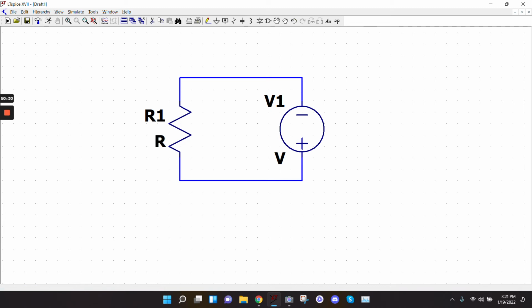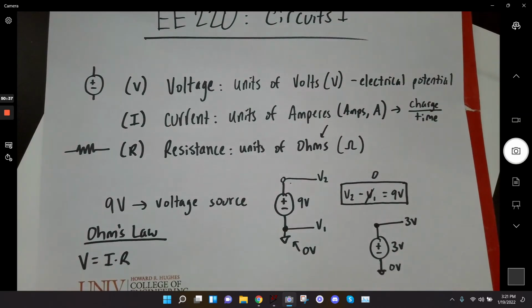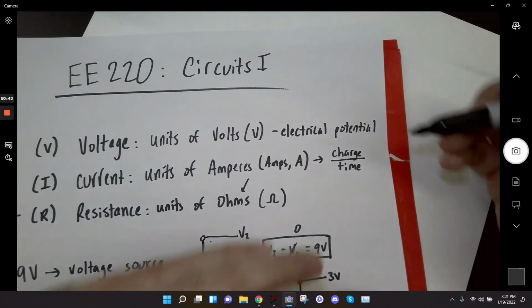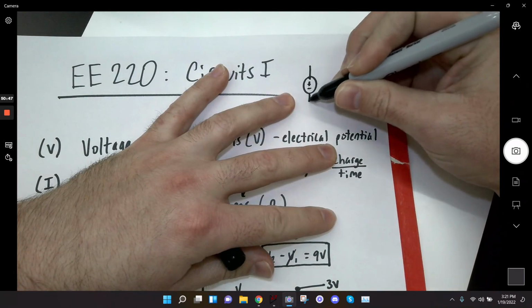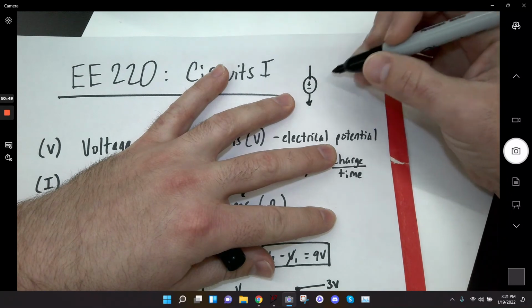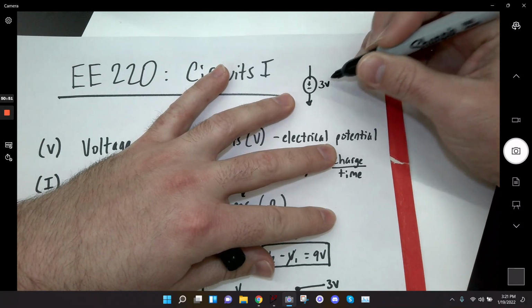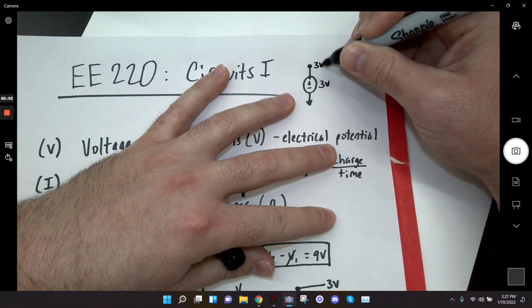So you'll see when I build them, that, just for the sake of example, I said that if I connect the voltage source with the ground at the minus terminal, and this voltage was 3 volts, then this voltage is 3 volts.